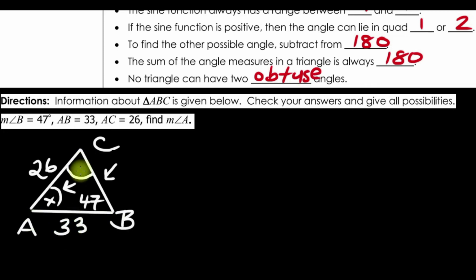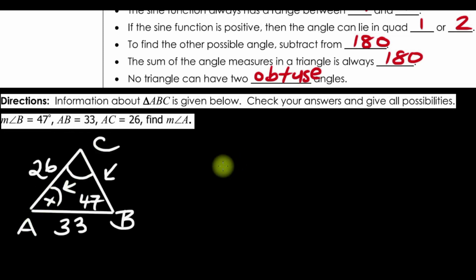And then from there, you have two angles. And to find out angle X, which is the third angle, you just have to subtract the two angles you have from 180 to get angle A.